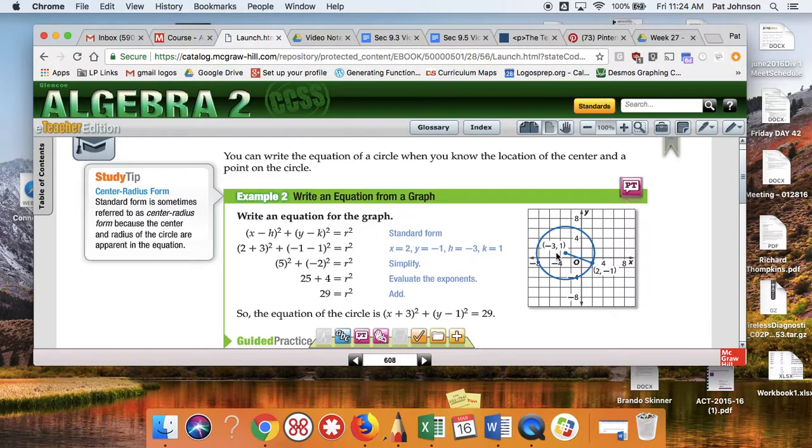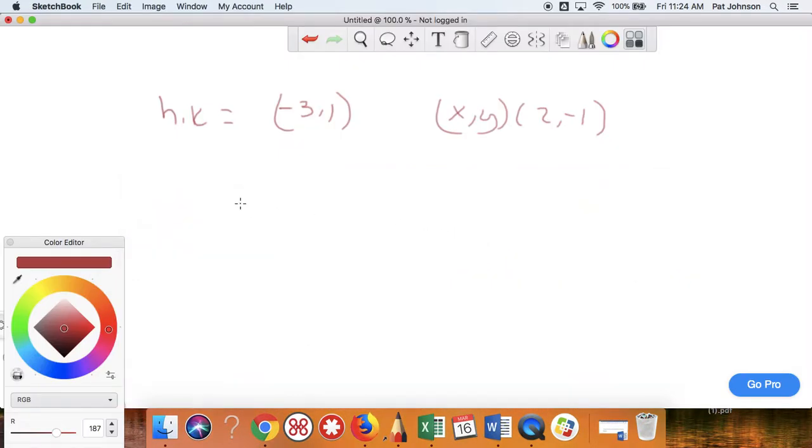We can either use the distance formula, or I know my equation is going to be X minus H squared plus Y minus K squared equals R squared. I've got an H and a K, I need an R. So kind of like using slope-intercept form or point-slope form, we can substitute what we have. We have enough to fill in X, H, Y, and K, and then solve for R using basic algebra.